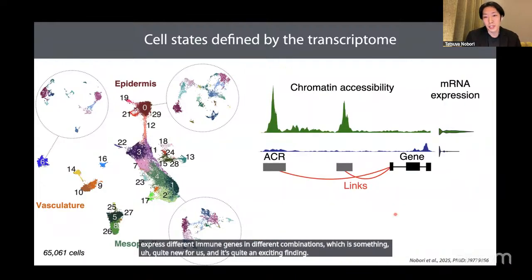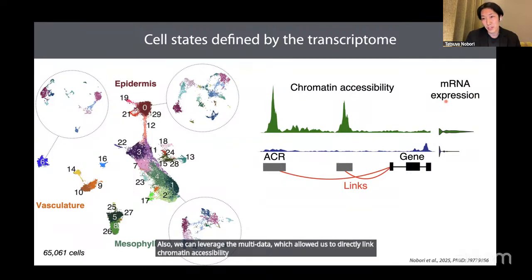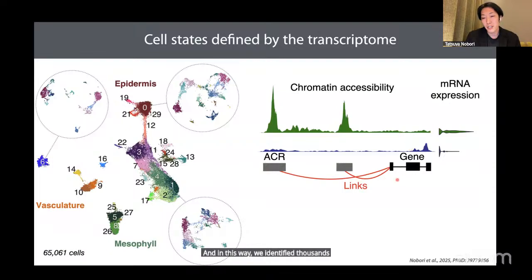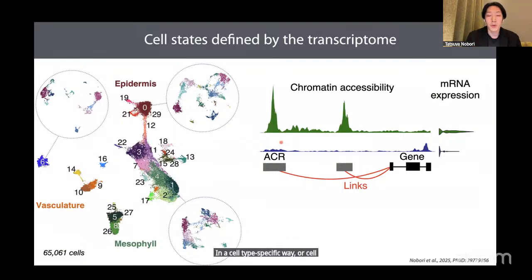Also, we can leverage the multiome data, which allowed us to directly link chromatin accessibility to gene expression at the single cell or cell population level. And in this way, we identified thousands of genes that are significantly correlated with nearby accessible chromatin regions in a cell type specific way, or cell population specific way.